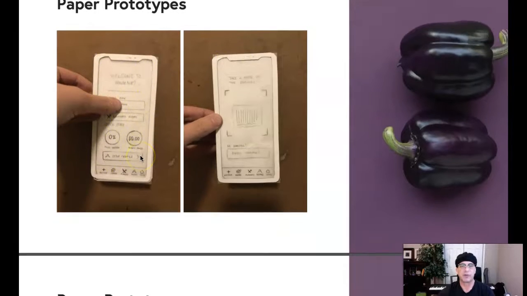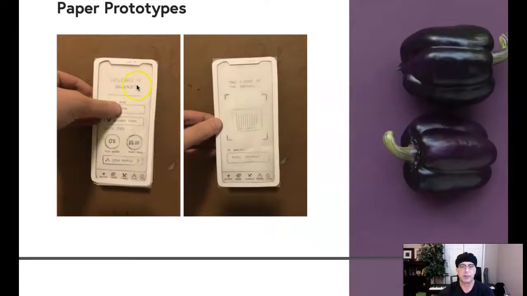An example for user testing would be you would have the welcome screen, right? And you would ask your user, where would you click to log in? And then they would point to somewhere where they log in. And they either get it right or they get it wrong. If more than one user gets it wrong, it's an indication that you want to redesign that screen to make it more expeditious and clear to the user where you want them to click.